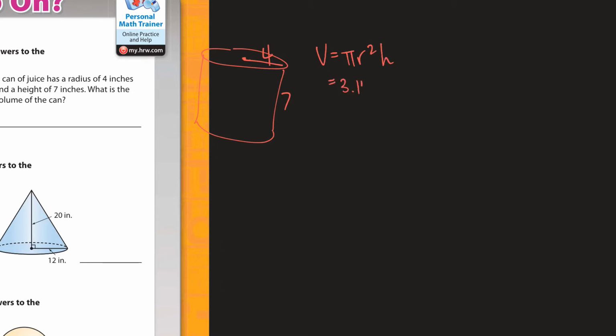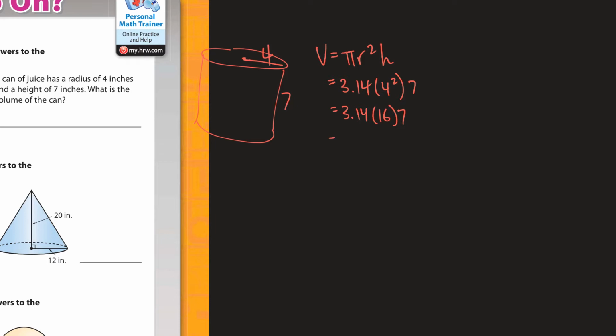Pi will use 3.14. The radius is 4. Got to square that and multiply it all by 7. So that's 3.14 times 4 times 4 is 16 times 7.